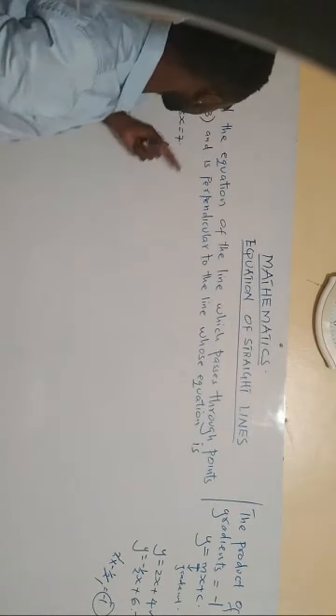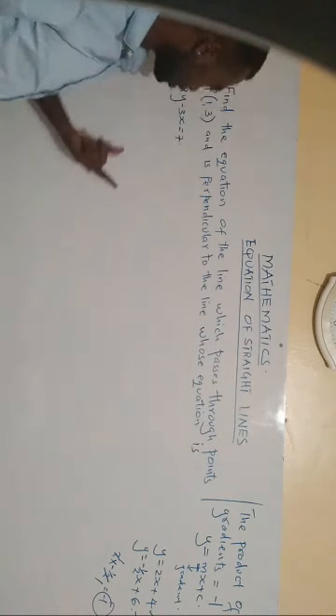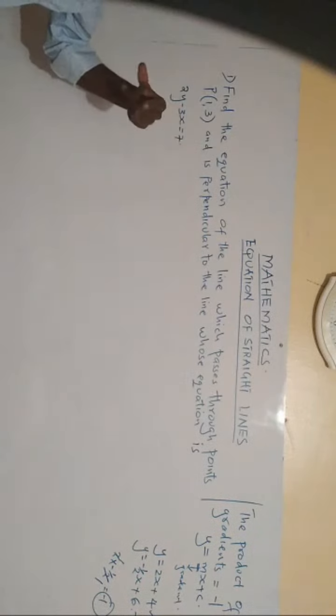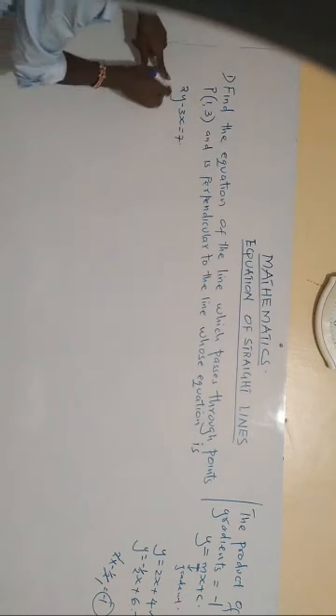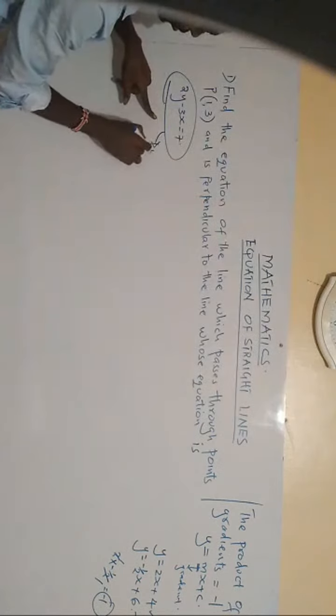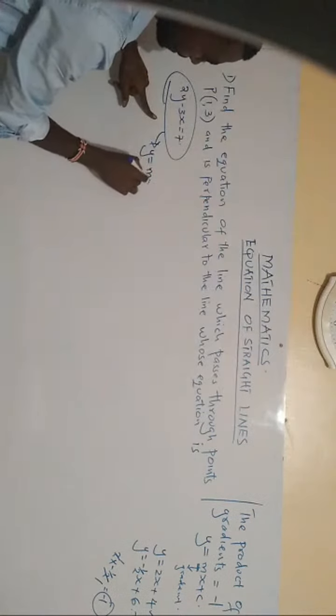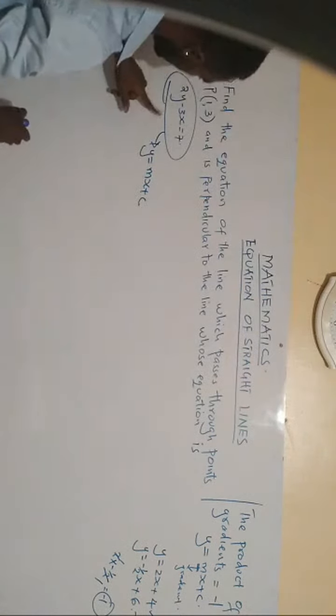So in this case, we have to find the equation which is perpendicular to this equation, and the equation we are calculating passes through the point (1, 3). So the first thing we do is write this equation in the form y = mx + c.